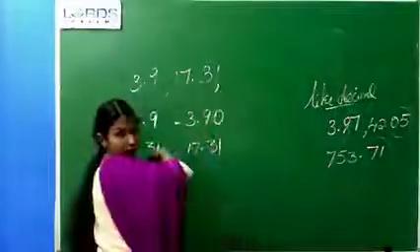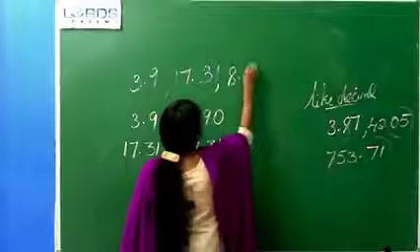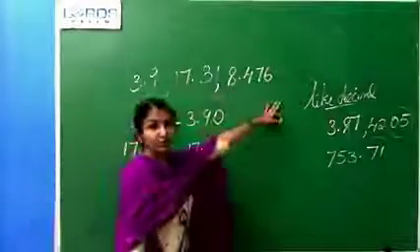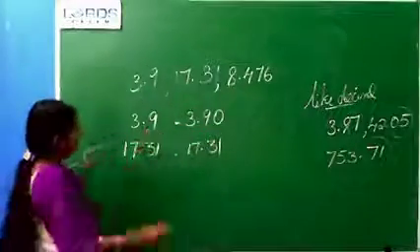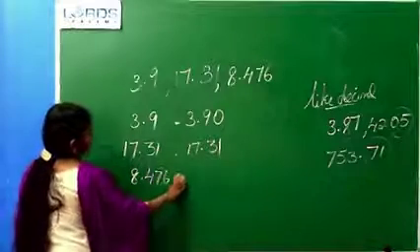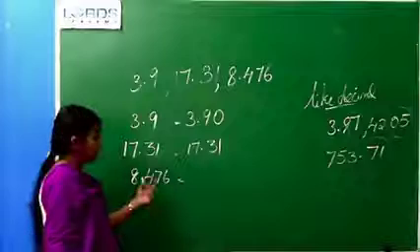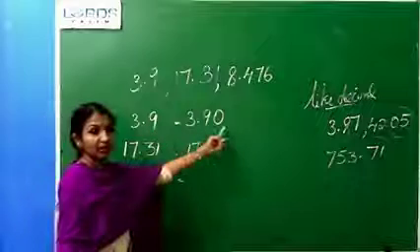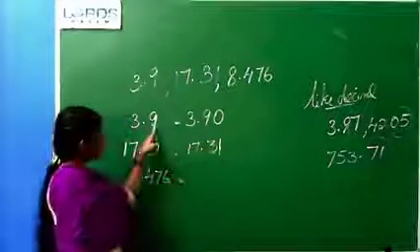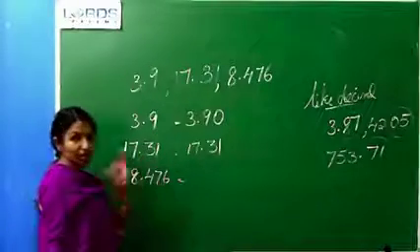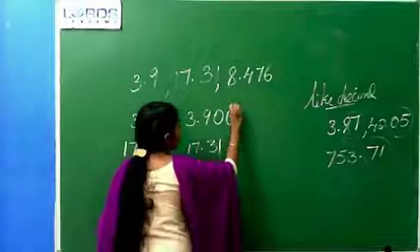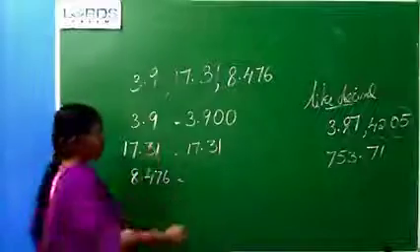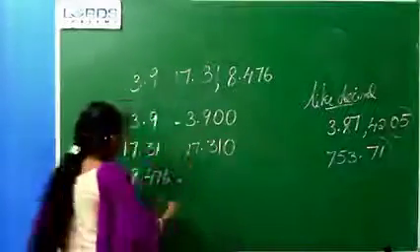Suppose one more number was there with three digits, 8.476. To convert these into like decimal numbers, we should add how many zeros here? Here there is only 1, and 1, 2, 3 there. So 2 zeros we are adding. Here after the point there are 2 digits, it should be 3, so we added 1 more zero, and the last one is the same.